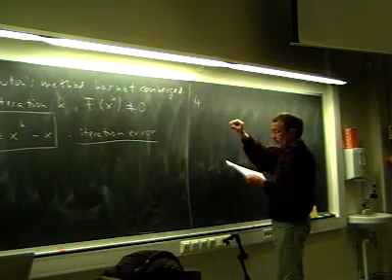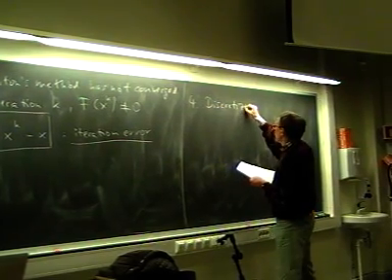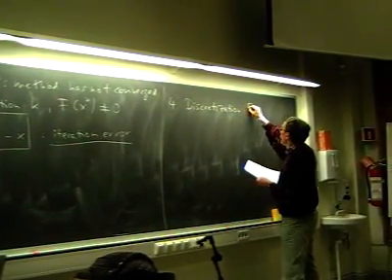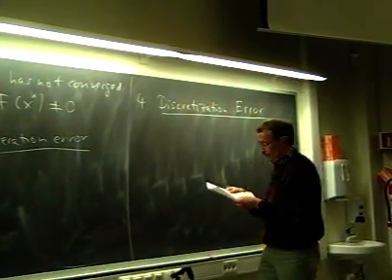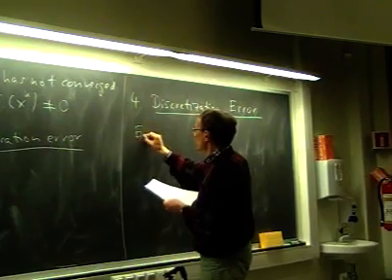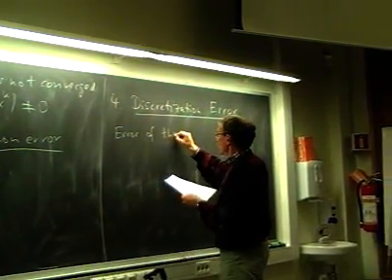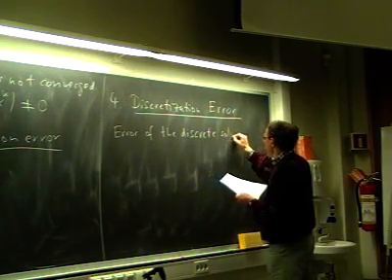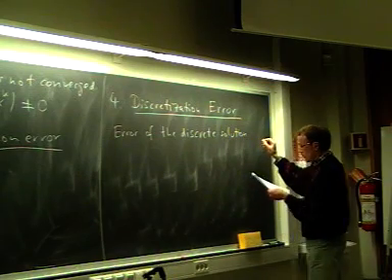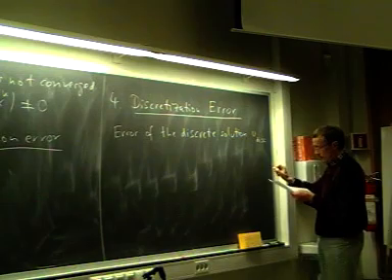Next class of error is the discretization error. That is the error of the discrete solution, which we write as U discrete.